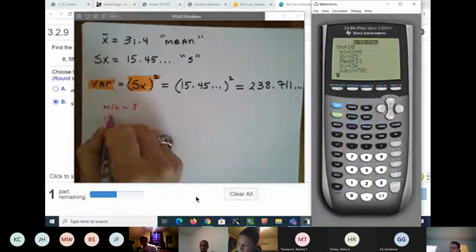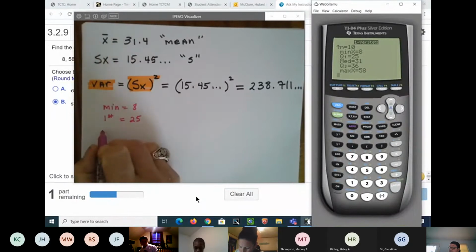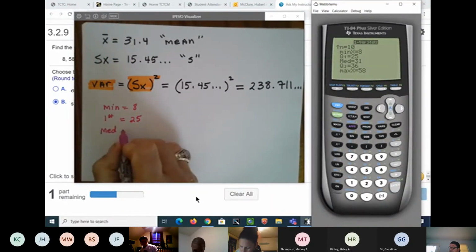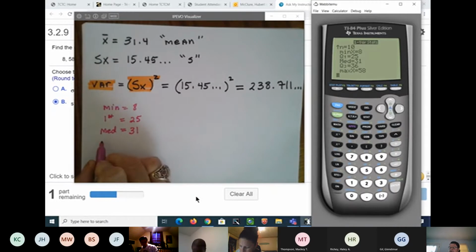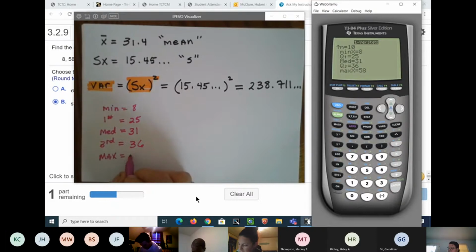The first quartile is equal to 25. The median, or the second quartile, is equal to 31. The third quartile is equal to 36. And the max is equal to 58.